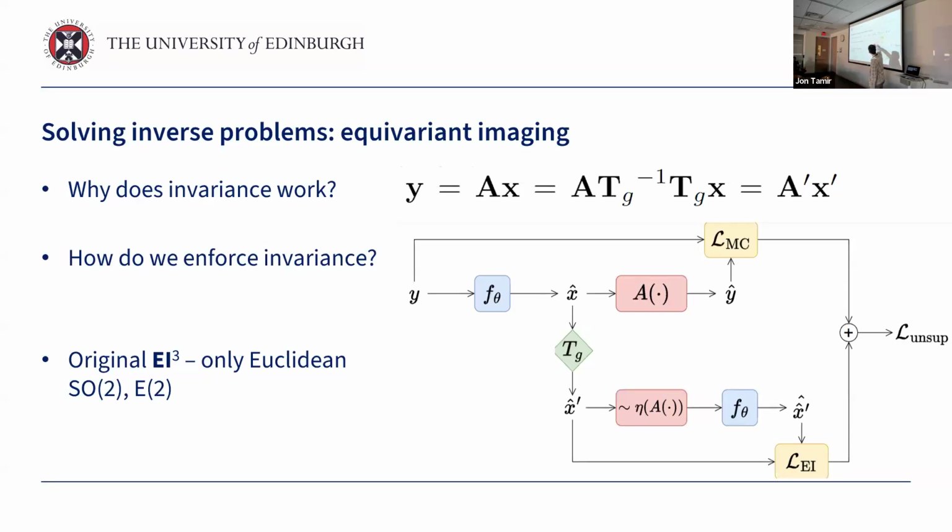But now during training, we transform our reconstruction, and then we pass this back through the entire imaging system, so the composition of F, A, A, F, and then we are comparing these two with each other. Now we are enforcing that the transformed images are also produced by the same imaging system.